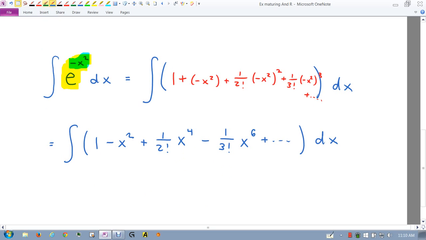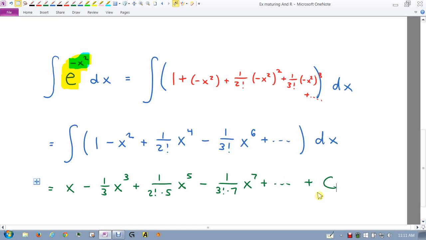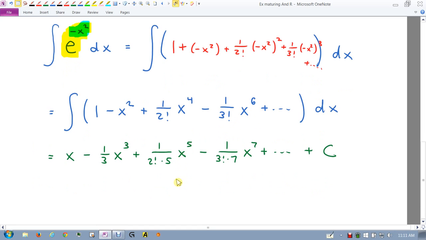So let's do the integration. It'd become antiderivative of 1 would be x minus 1/3 x cubed plus 1 over 2 factorial times 5 x to the 5th minus 1 over 3 factorial times 7 x to the 7th plus dot, dot, dot plus a constant, right? It's just power rule on each of these.